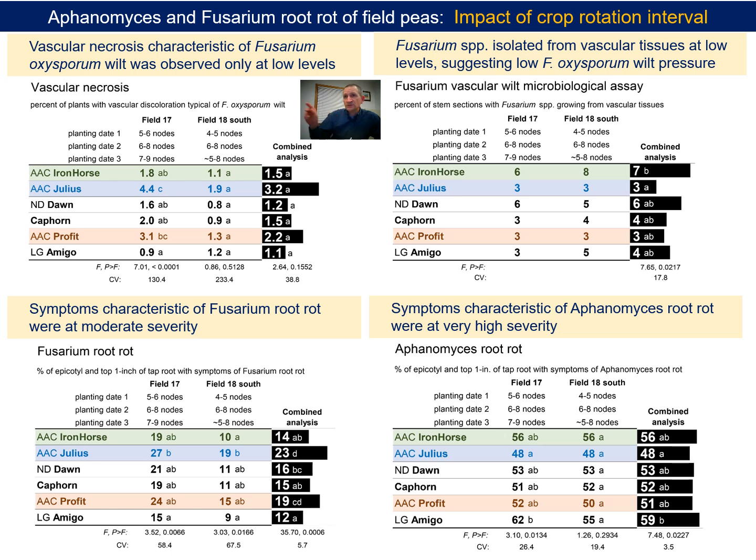And we also did a microbiological assay where we actually plated out those stem sections and looked to see whether we could get the Fusarium to grow from the ends of the stem sections. So when I say plated out, we took stem sections, we surface sterilized them, i.e. we gave them a little bath in ethanol and dilute Clorox to kill off the microbes on the surface, and then rinsed it in sterile water and then plated it onto microbiological media.